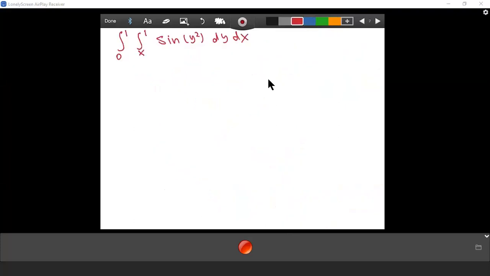Also, we have another example here. Can we integrate with respect to y first? This is my first question. No, of course, because I cannot integrate sine y squared. But I can integrate sine y all of it squared, sorry.